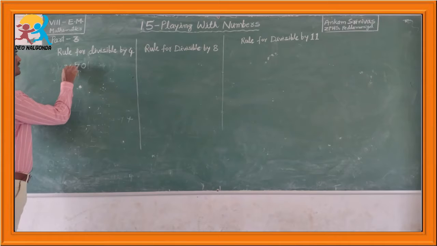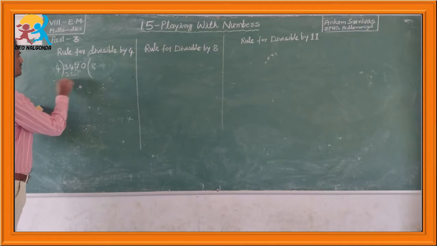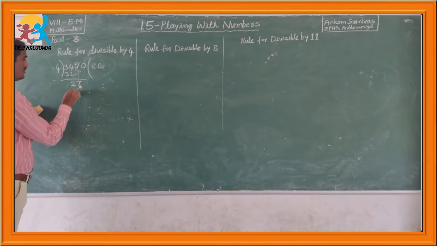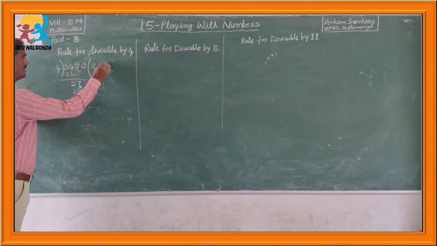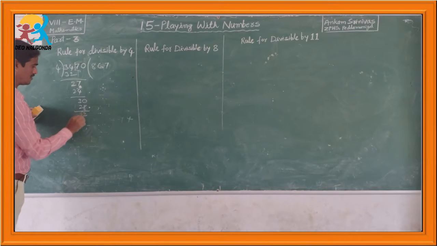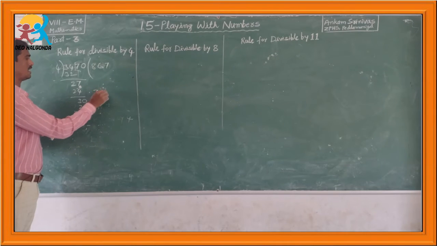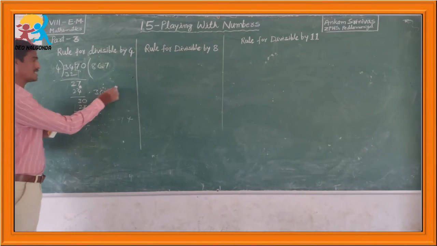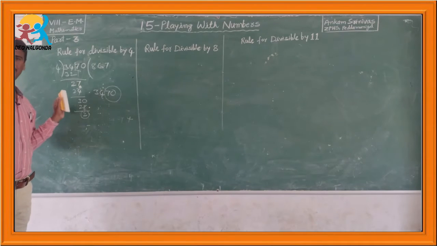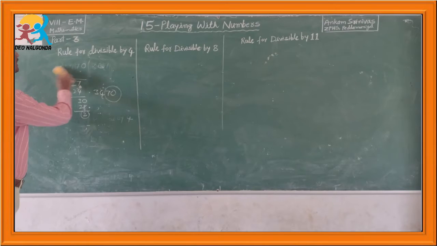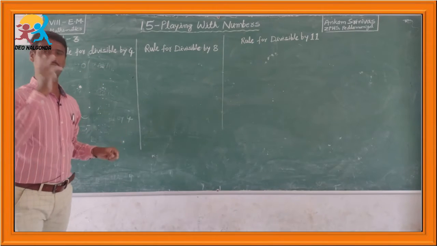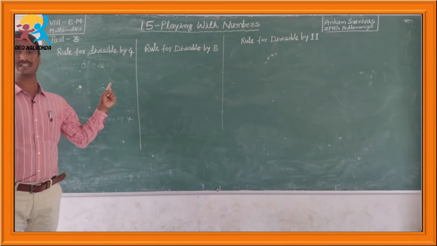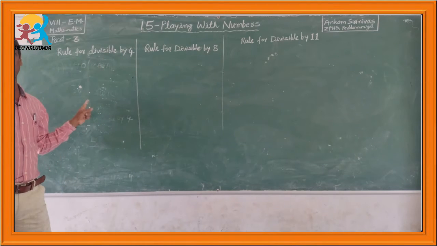Now take any number, 3470, and divide by 4. 4 eights are 32, 34 minus 32, 2. Take down 7, 4 sixes are 24. Take down 0, 4 sevens are 28. Remainder 2. So 3470 is not divisible by 4, because 70 is not divisible by 4. So the rule for divisibility by 4 is, if the last 2 digit number is divisible by 4, then the given number is also divisible by 4.